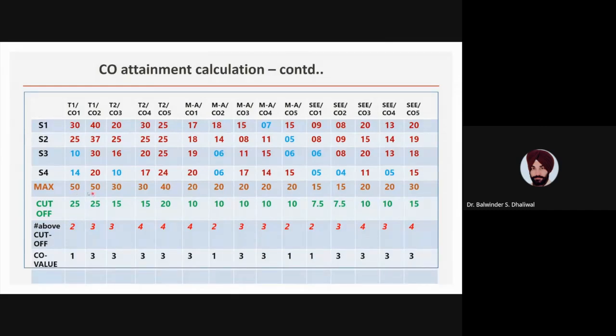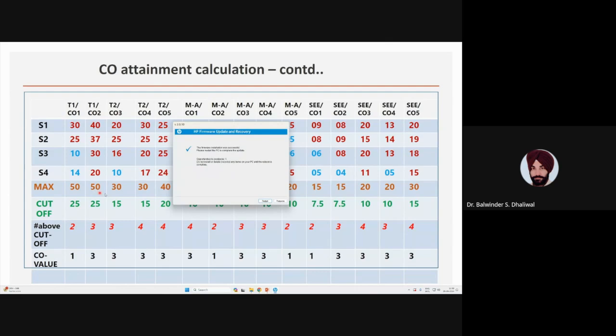If we add these two, test 1 is of 100 marks. Out of 100 marks, CO1 has been allotted 50 marks and CO2 has again been allotted 50 marks, right? So maximum marks allotted to CO1 is 50, CO2 is again 50, right?